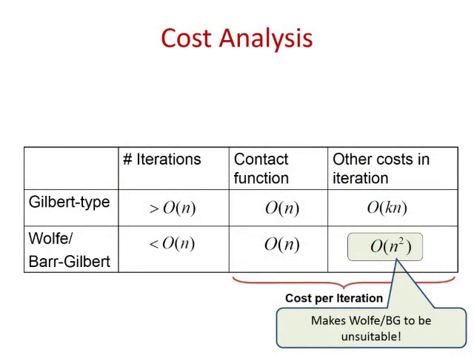If you look at the other costs in the iteration, which correspond to the updating of that vector v I was talking about, if you modify only k betas, then order kn is the complexity, but if you end up touching every one of the betas, it will be order n squared, which is the bad thing. Okay? That is what kills Wolfe.